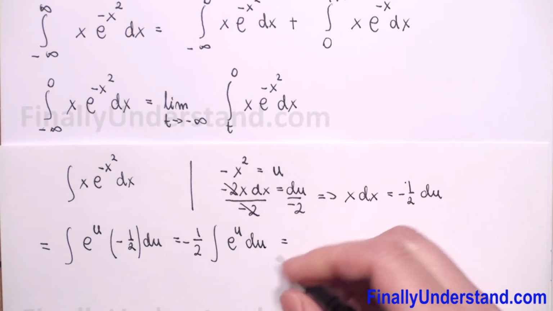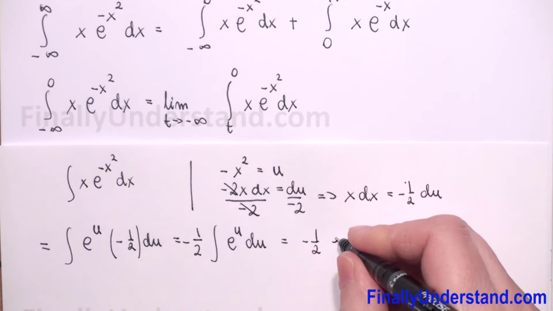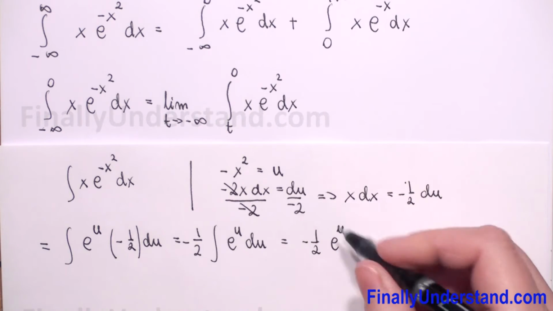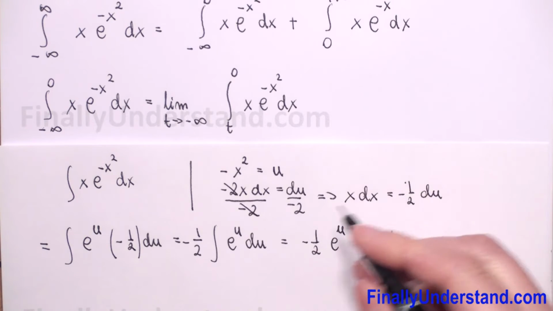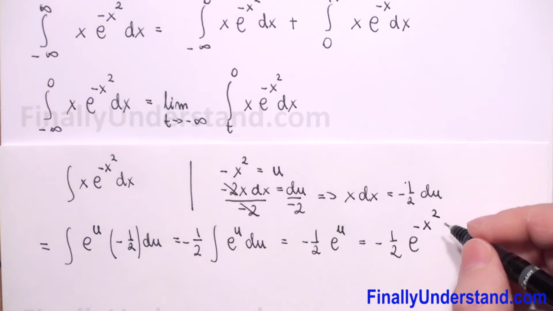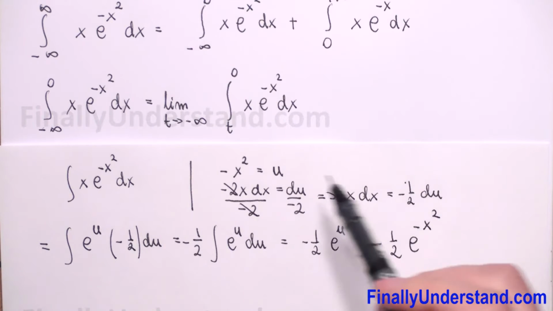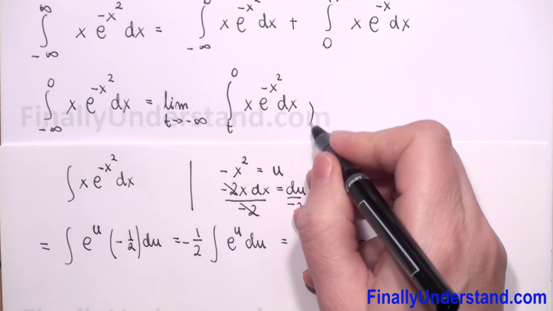This is equal to negative 1/2. Integral of e to power u is e to power u. Now we have to come back to the substitution. So we have negative 1/2 and u is equal to negative x squared. We solved our integral. Now we have to come back to our limit.